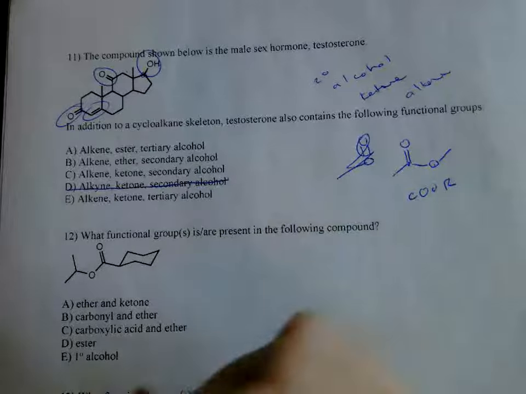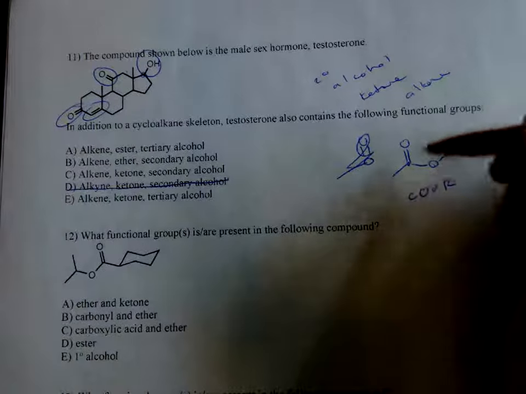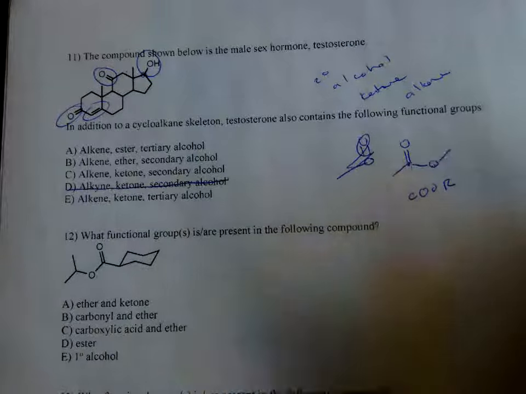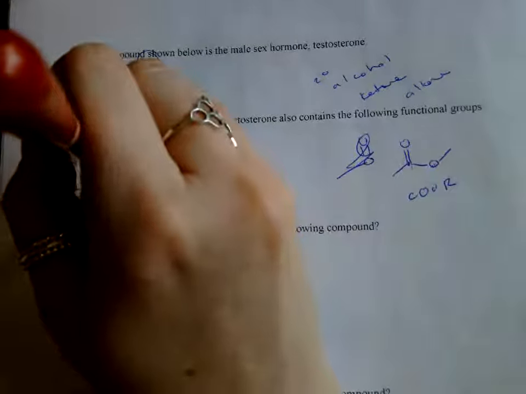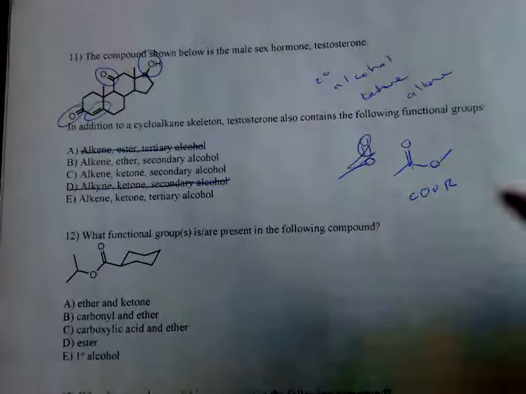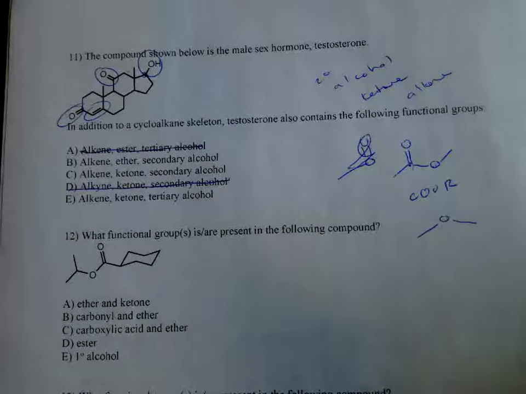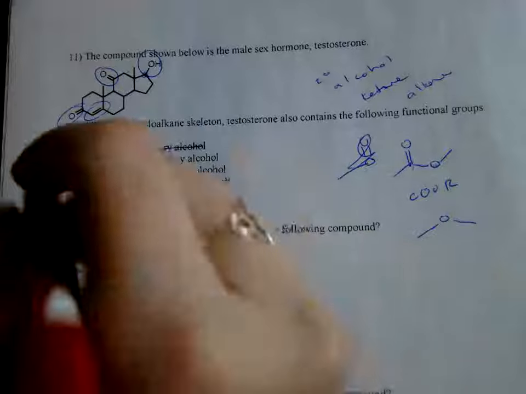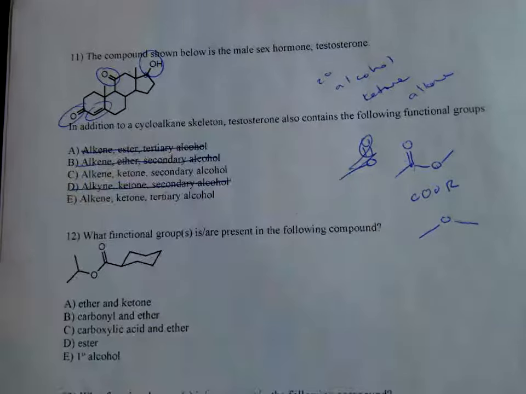So cores, right? Ester likes cores. So we don't have one of those because there's no oxygen bonded directly next to a carbon-oxygen double bond, so that one's not right. An ether looks like this. We don't have any oxygens with an R group or carbon on either side, so that one's not right.